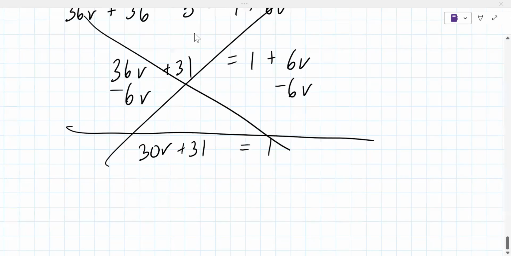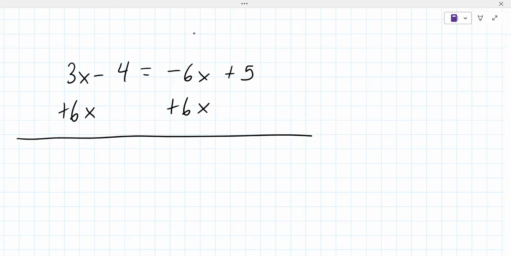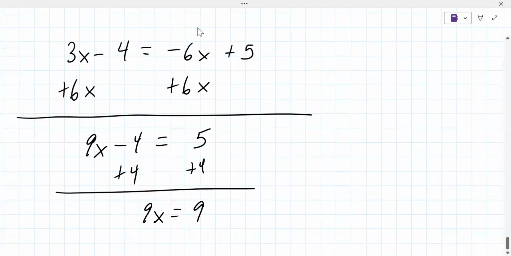So let's say I asked you to solve something like this: 3x minus 4 equals minus 6x plus 5. This time there's variables on both sides of the equation, and what that means is you have to move a term from one side to the other. So you're going to add 6x: 9x minus 4 equals 5. Add 4: 9x equals 9.